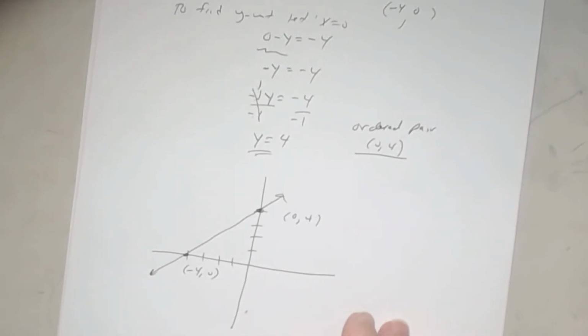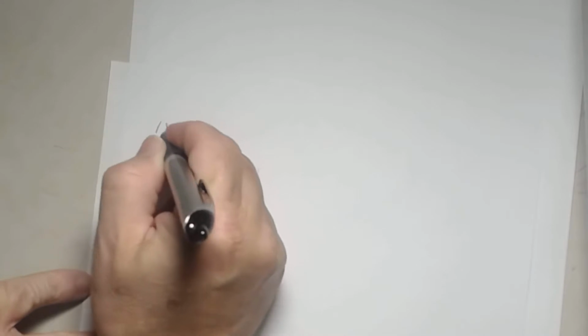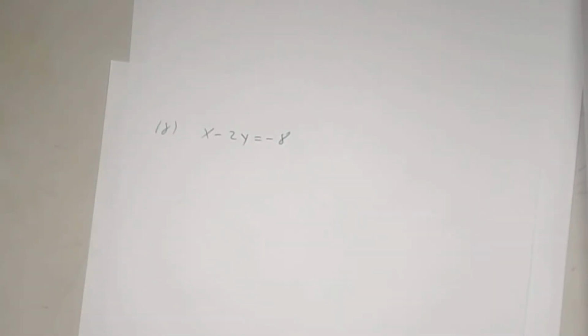All right, let's look at number 18. You have x minus 2y is equal to -8. Again, they want you to use intercepts.